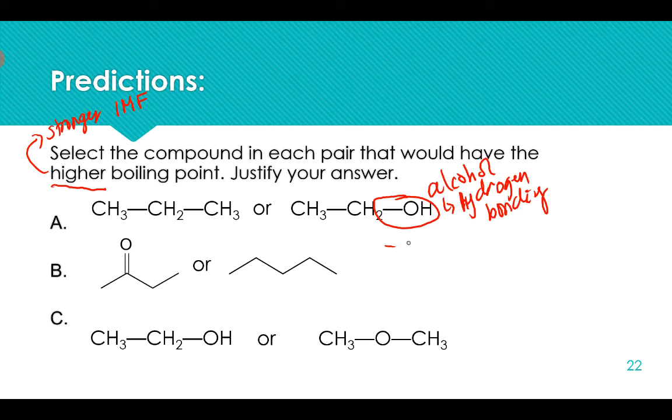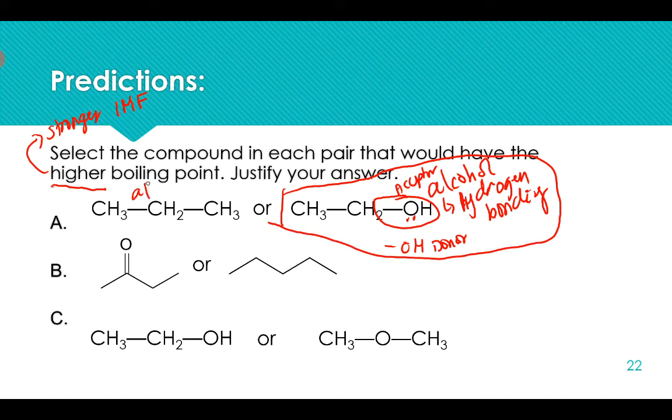Because if we had a second alcohol molecule, this one can be a donor, this one can be an acceptor, and so this alcohol can hydrogen bond. So that's going to be a higher melting point and boiling point compared to this alkane. This one is just dispersion.